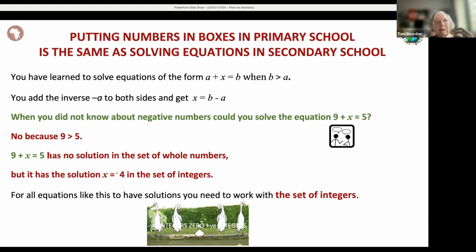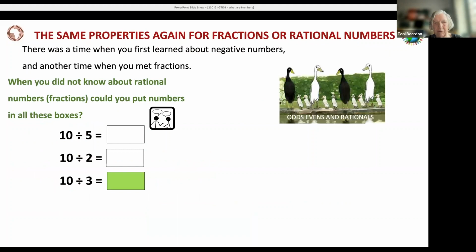And it was like this historically. When people couldn't solve equations, or couldn't do some calculation they wanted to do, they had to realize that they needed a different sort of number and expand their knowledge and their ideas about numbers. Now, the same properties, as Caroline's just been talking about, apply to fractions or rational numbers.